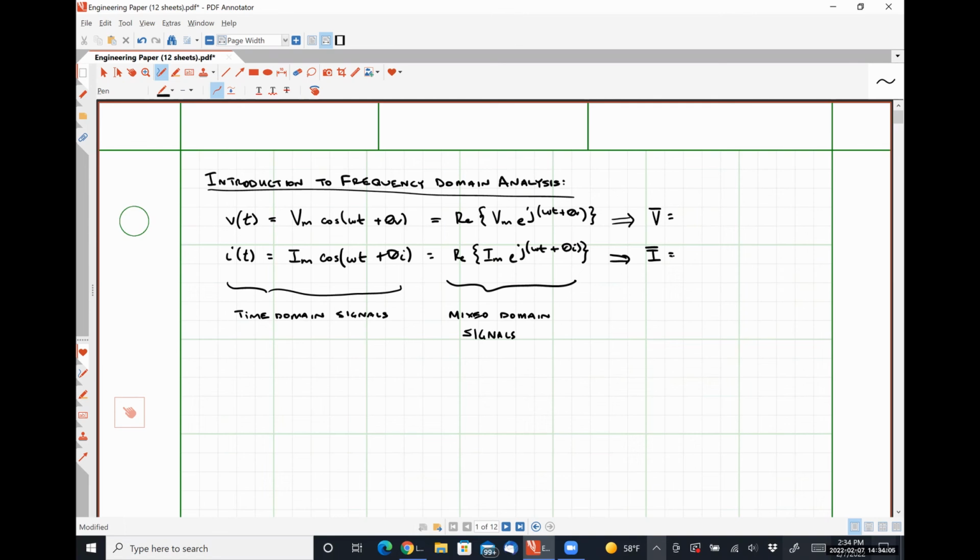And that shorthand notation is simply, we make a complex number containing only the magnitude and only the phase angle, and we suppress or ignore all of the other information. So this is a frequency or phasor domain signal.